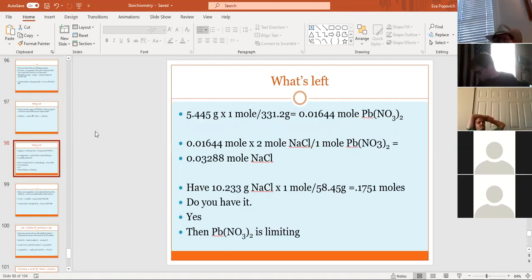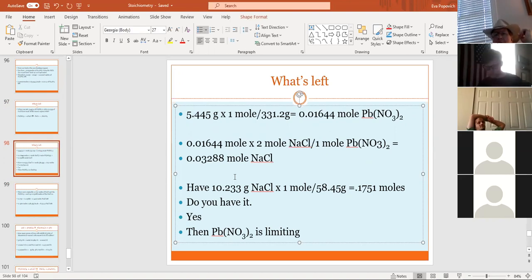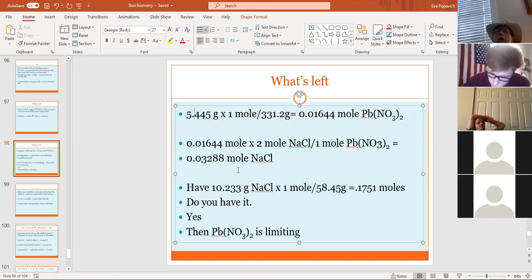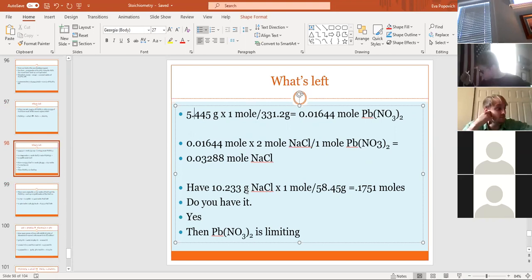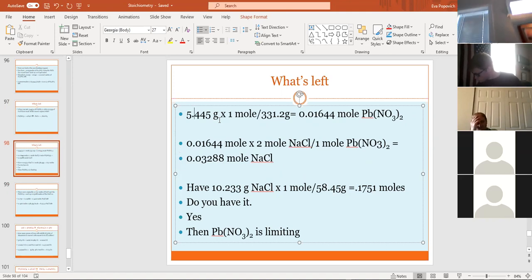So what I did was I took the amount of lead-2 nitrate and I determined how much sodium chloride I would need to react with it all. Then I compared it to how much of the sodium chloride I had originally. I had more than I needed. If I had more than I needed, then the first reagent is the limiting reagent.